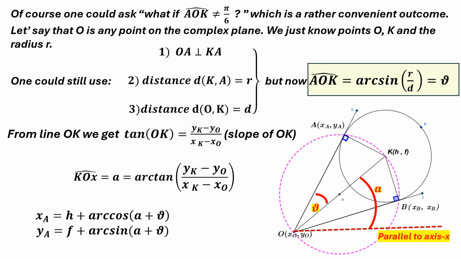Let's say that O is any point on the complex plane, external to the circle, and we know the coordinates of points O and K, and the radius R. We can still use the lengths of segments KA and OK, labeled R and D respectively. From these we can find the arcsine and the arccosine of vertex O, and subsequently obtain the coordinates of tangent point A.